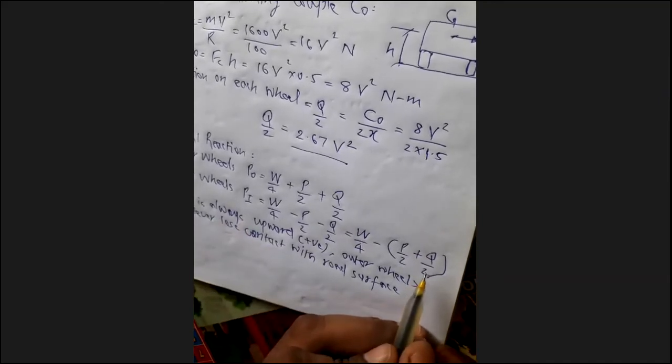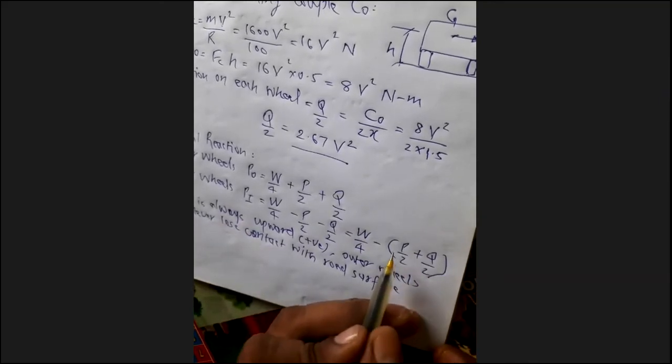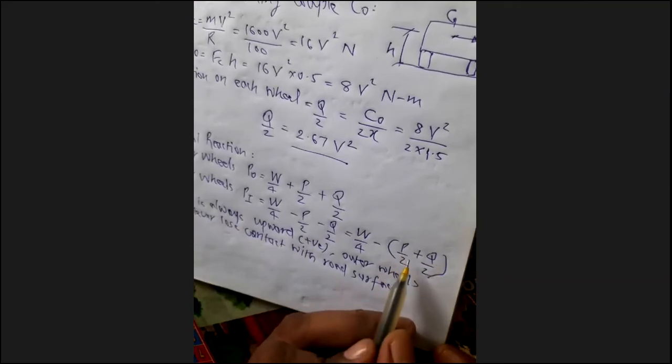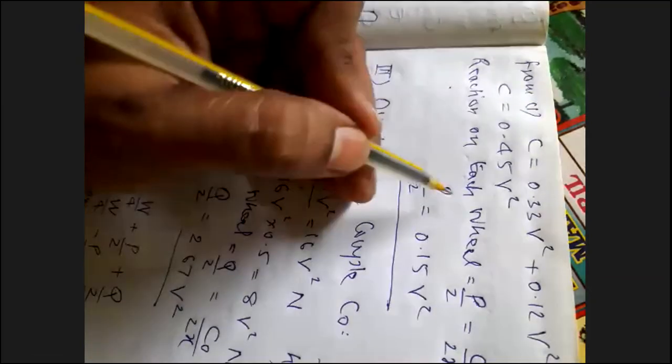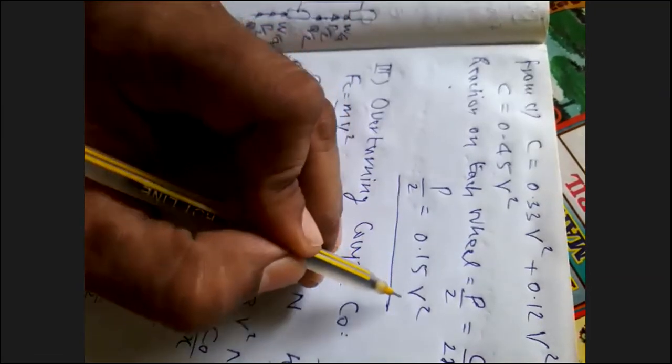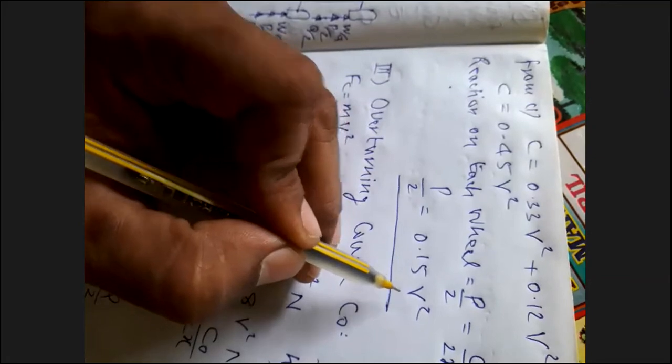In case of inner wheels, imagine a situation that at some higher velocity, P by 2 plus Q by 2 becomes greater than W by 4. You see, Q by 2 is a function of velocity, and P by 2 again is a function of velocity. So as the velocity increases, P by 2 and Q by 2 will also increase. So at some higher velocity, assume that P by 2 plus Q by 2 becomes greater than W by 4.